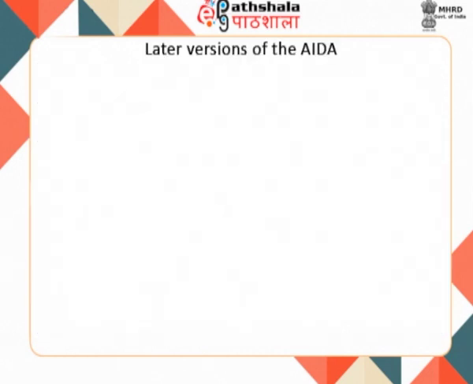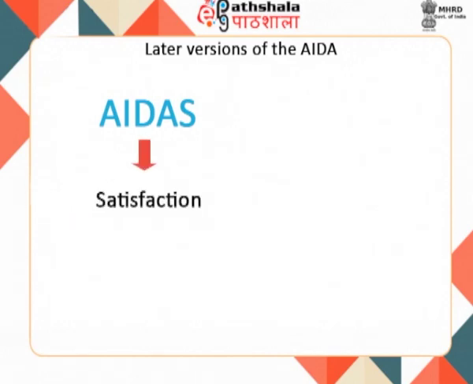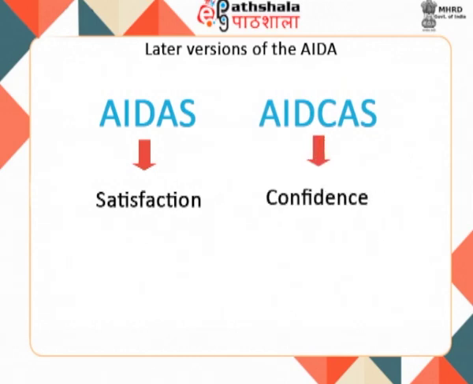There have been new additions in the techniques of reporting. Let us have a look at some of the later versions of the AIDA formula. AIDAS, where S stands for satisfaction that has been added. Next, AIDCAS, where C stands for confidence.